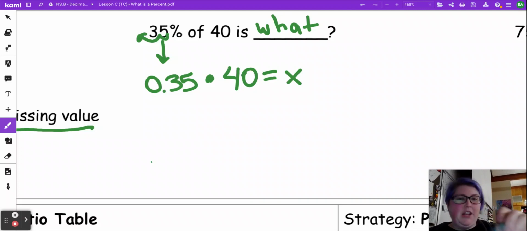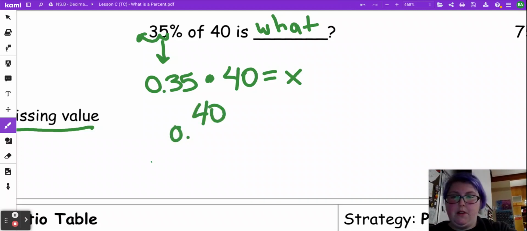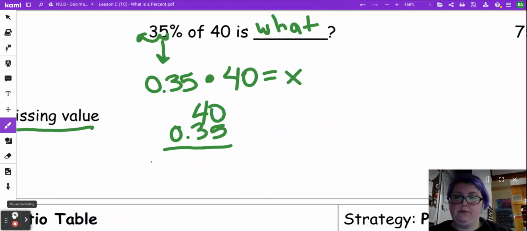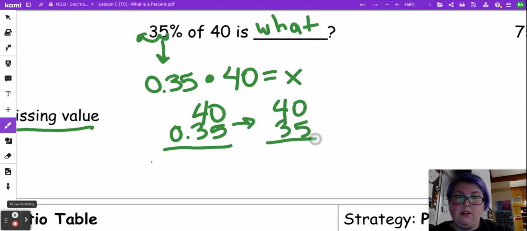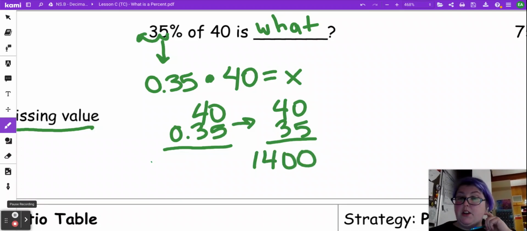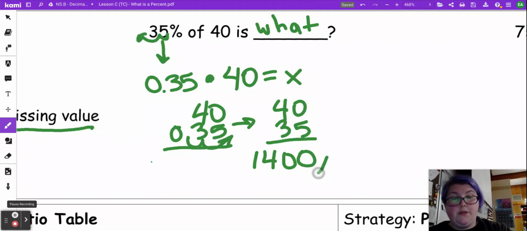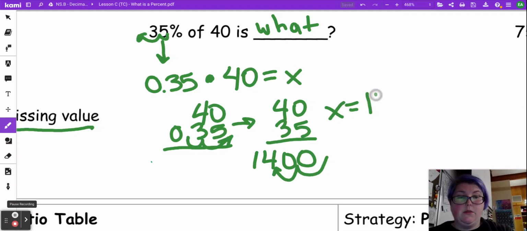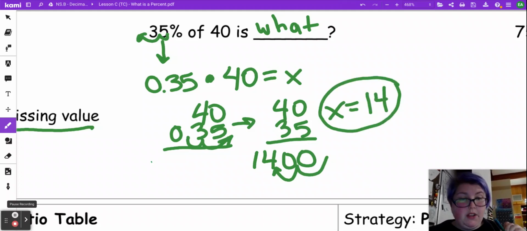We perform the multiplication of 40 times 35 hundredths, which we can rewrite as 40 times 35 will give you 1,400. Now, don't forget, we moved the decimal here 2 places to the right. Now we have to move it 2 places to the left. We have to add it back in, and x equals 14. Always check my math with a calculator.